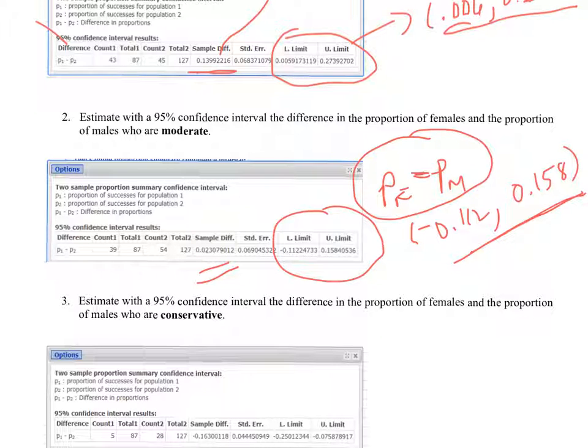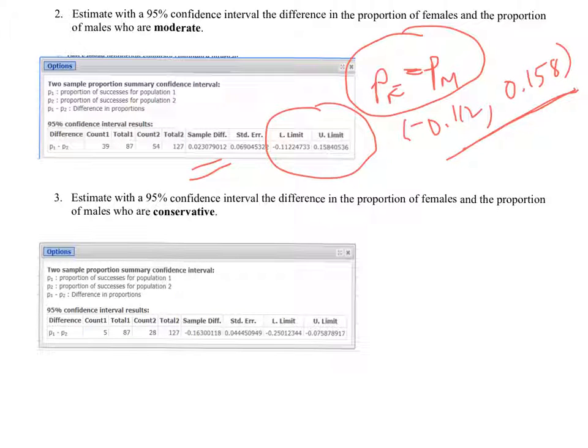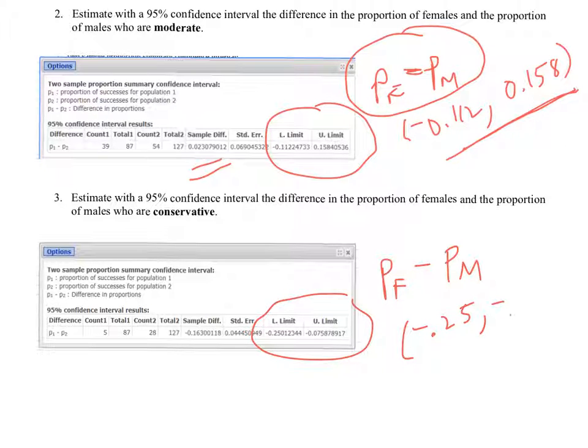The last part we might want to look at is estimating the difference of females and males who consider themselves to be conservative. Doing the same thing, entering the conservative data, I get this confidence interval. Again, this is estimating the percentage of females who are conservative versus males, and we get an interval that goes from negative 0.25 up to roughly negative 0.076.